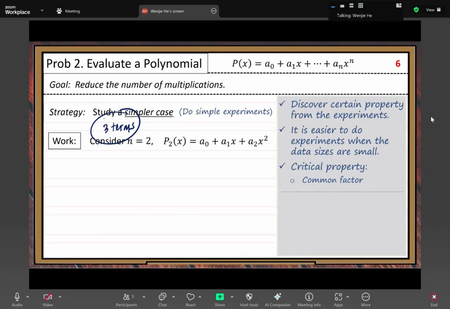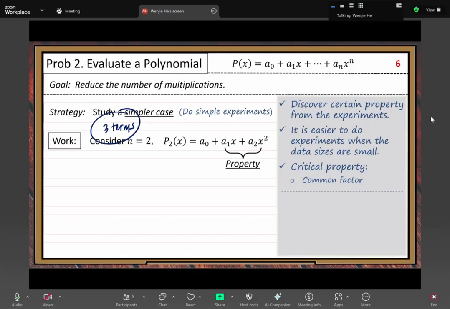All right, let's work on this 3-term polynomial. Let's look at the last 2 terms and try to see some interesting property there. There is an important property if you look at the last 2 terms: a common factor. These 2 terms have a common factor property.